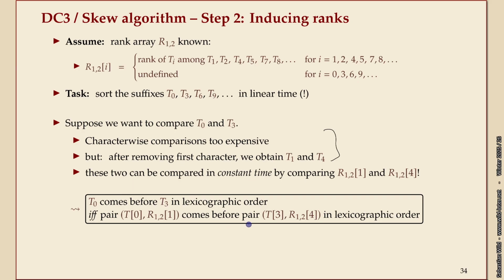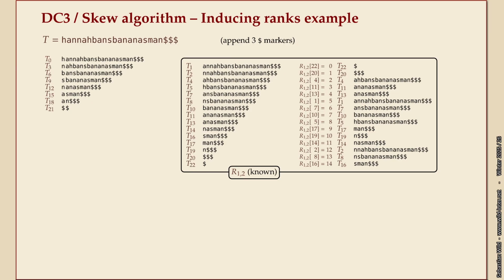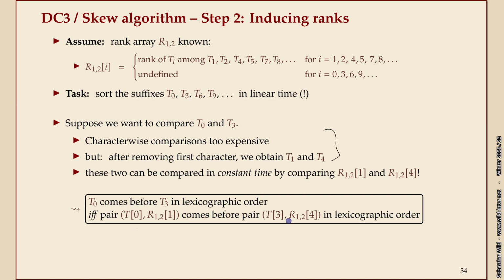Now, this is actually easy to do. Let me show you in an example what this looks like. But already at this level, we're sorting pairs where both components are of a small and fixed size and integers. Let's say the characters are integers as well. So of course we can use counting sort or radix sort for that.